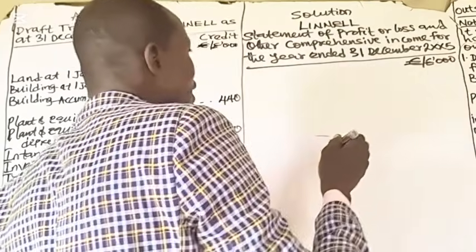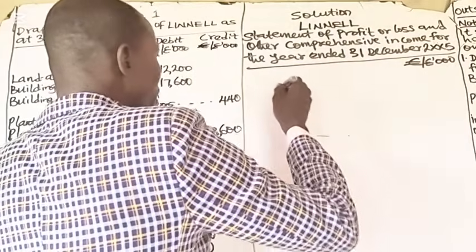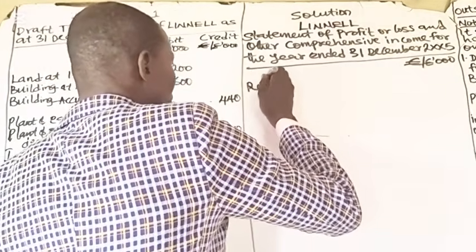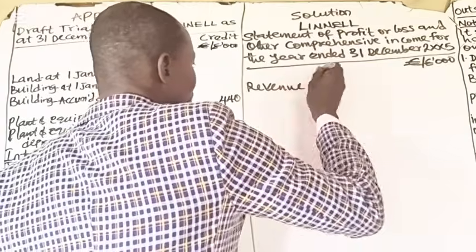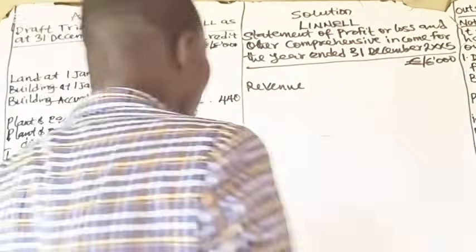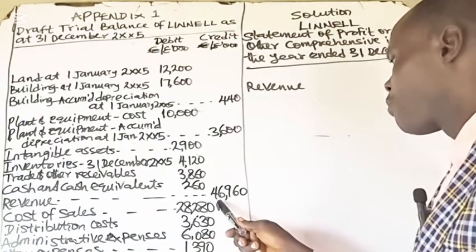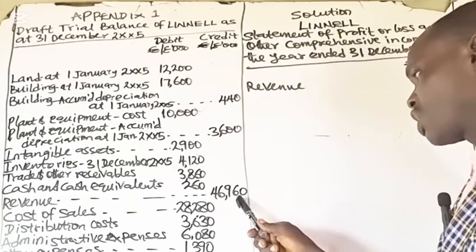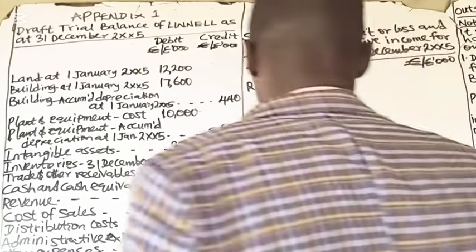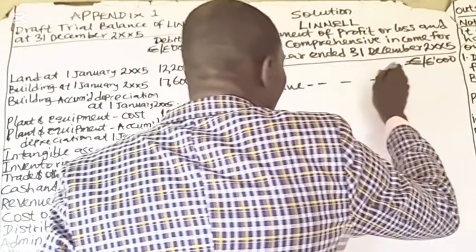The first item will be revenue. If you go through the trial balance, revenue amounted to 46,960,000.